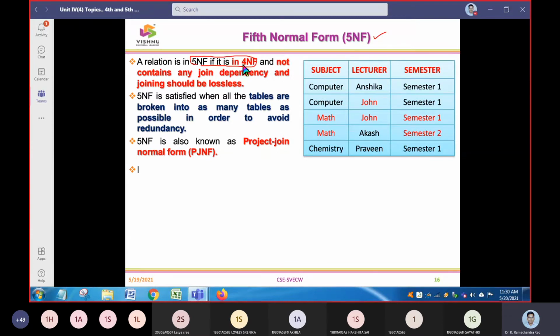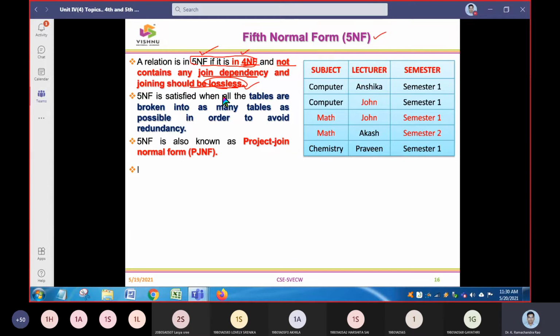If I am working on fifth normal form, definitely it should be in the fourth normal form. And join decomposition should not be there. And when we make a join dependency, there should not be any loss of data.